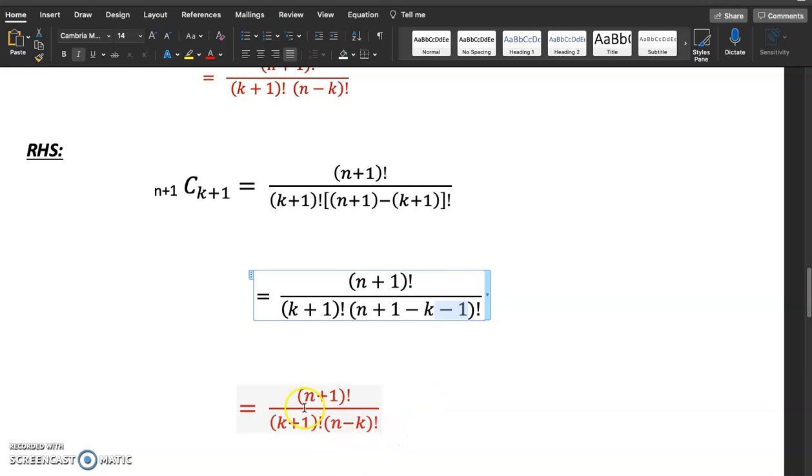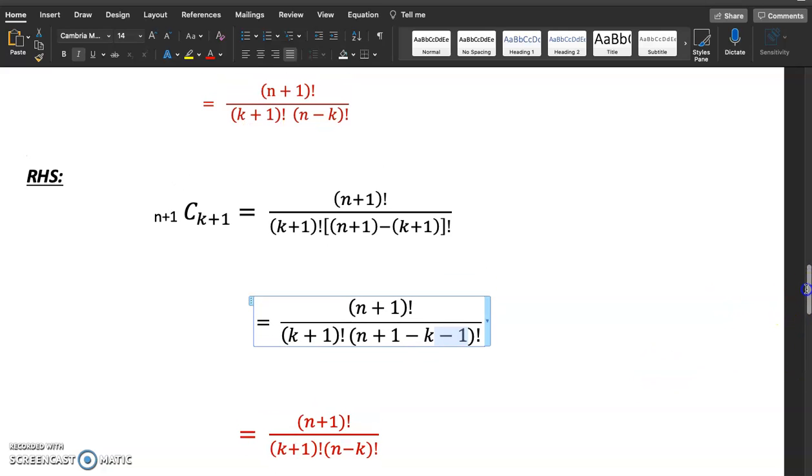So we are left with n plus 1 factorial over k plus 1 factorial times n minus k factorial, which, as you can see, is the same that we obtained in the left-hand side of the equation.